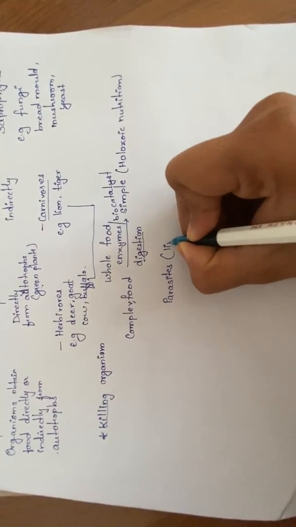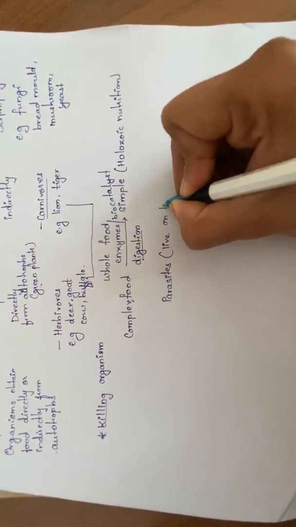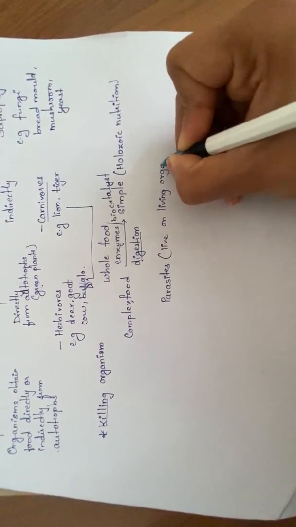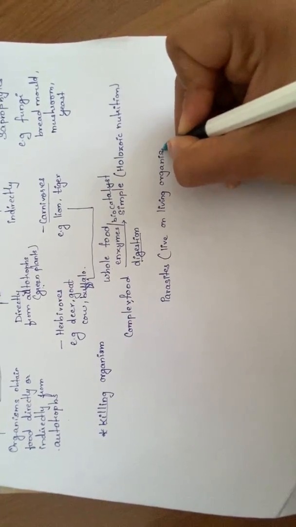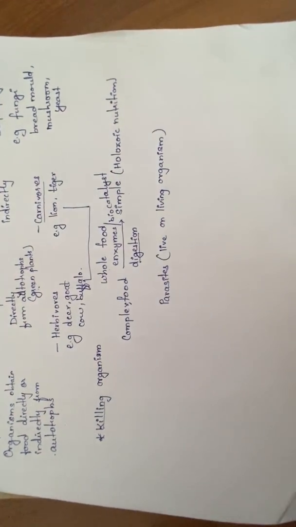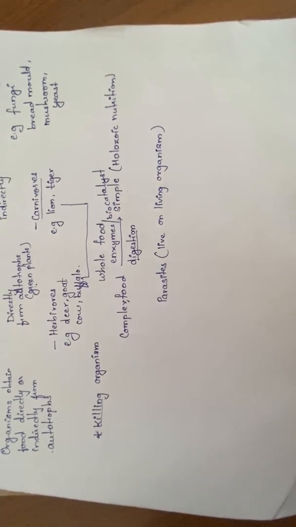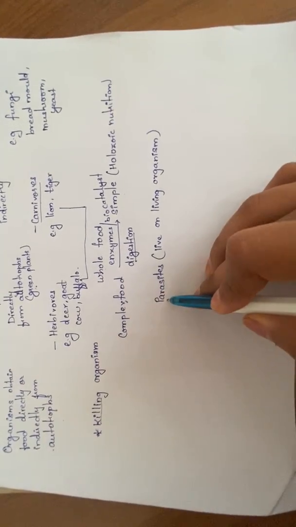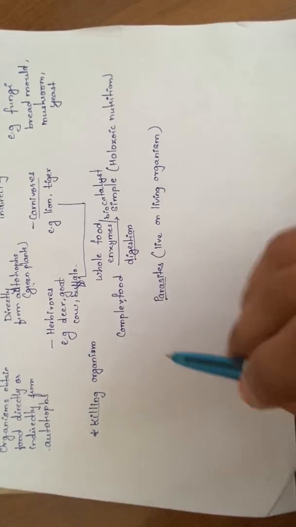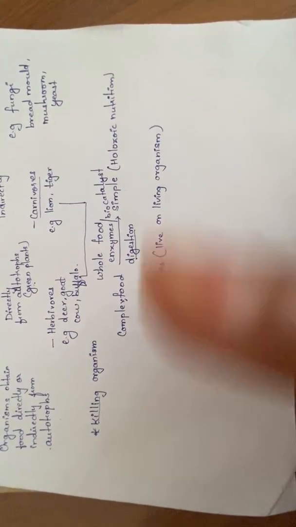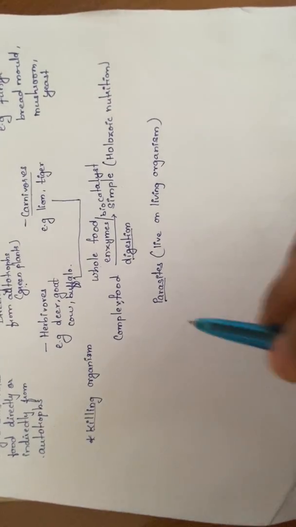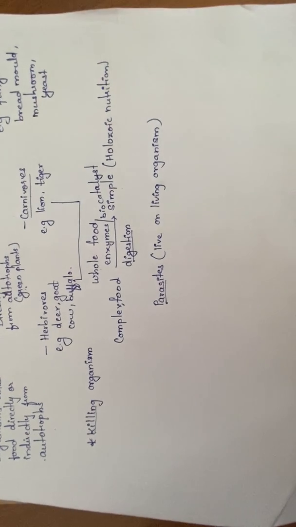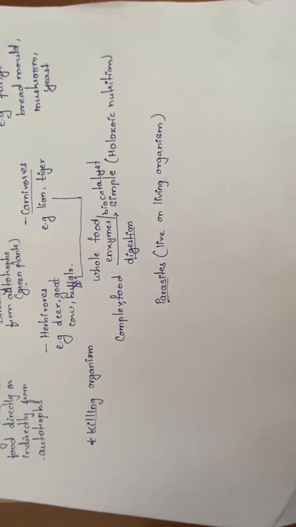Parasites live on living organisms and then derive nutrients from the living organism. Whatever the living organism is eating and processing, those nutrients parasites snatch from them. So they are not killing them, but they are harming them. Parasites obtain food from living organisms without killing them, but yes, they do harm them.